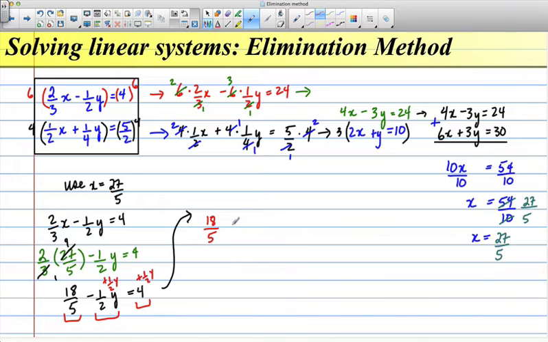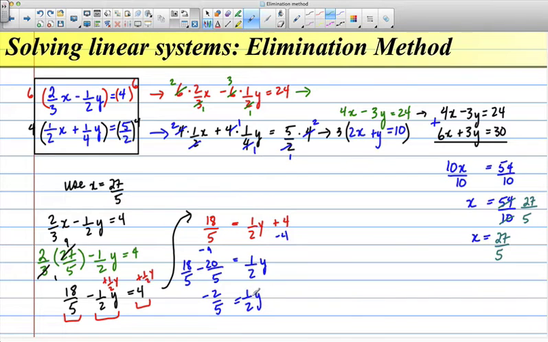And what happens is we have 1/2 y plus 4, and we'll subtract 4 both sides. So 1/2 y on one side and 18/5 subtract 4. But we'll write a common denominator right off the bat, 20/5. So we have minus 2/5 is equal to 1/2 y.